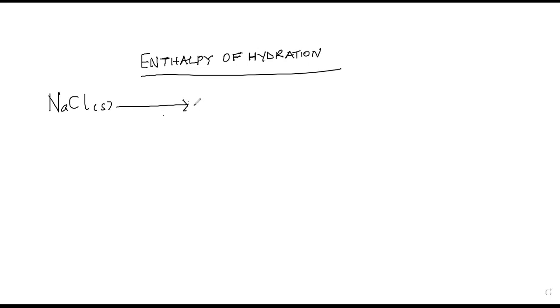So we shall have sodium ion, gas, and chloride ion, gas. As we saw before, when a crystal lattice splits into its constituent gaseous ions, that is the lattice energy involved there. So we have lattice energy, ΔH lattice.